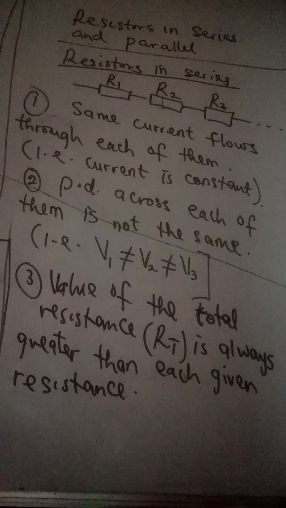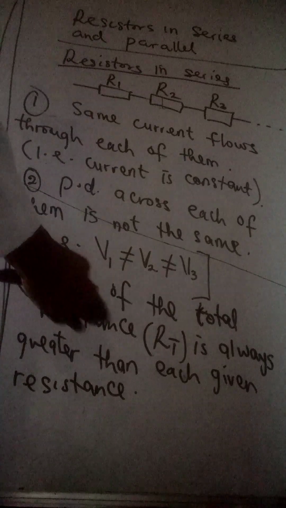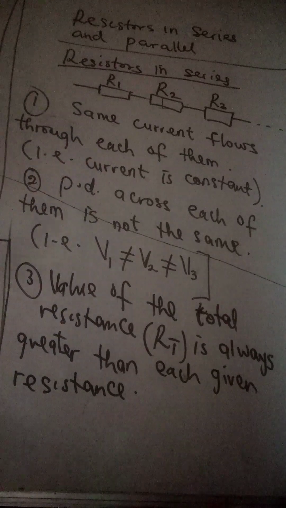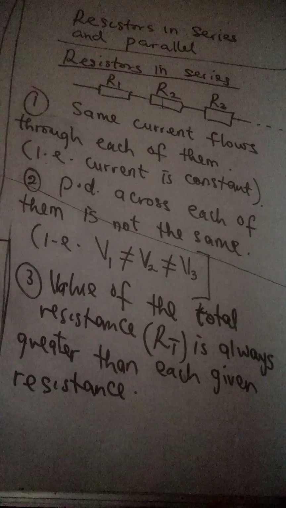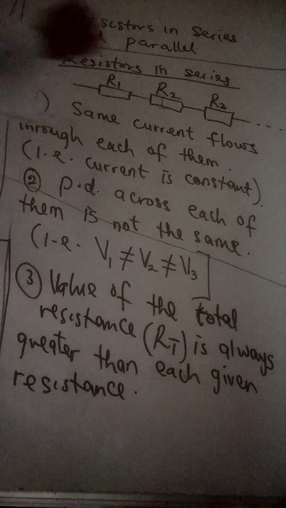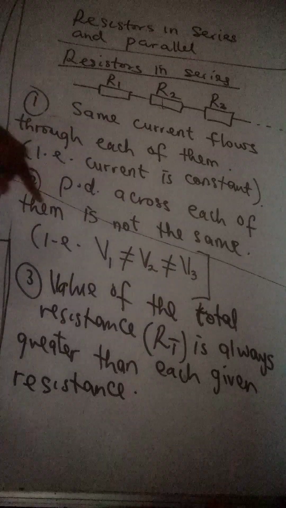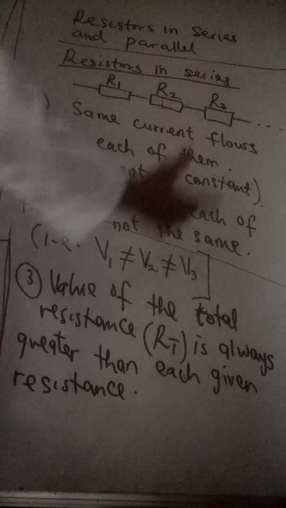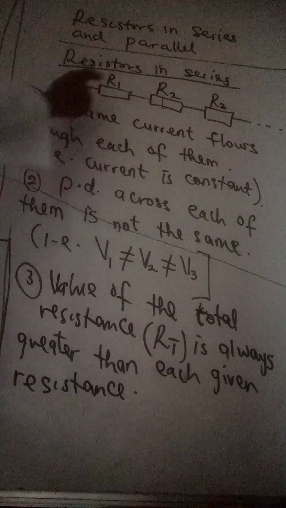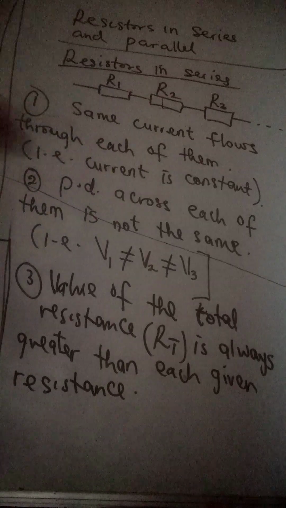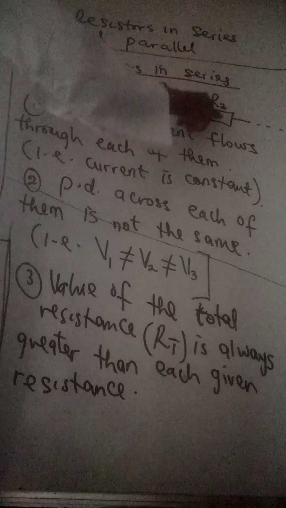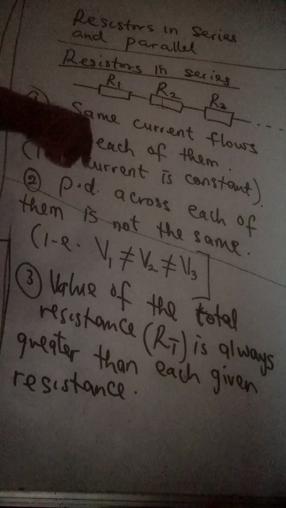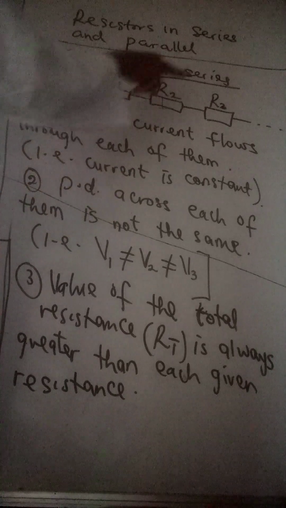So, number 3, value of the total resistance. That means if you want to find the equivalent resistance or the combined resistance, adding all of them together, the result for the total resistance will be greater than each of these. For example, if this one is 3 ohms, this one is 5 ohms, this one is 7 ohms, the total resistance value will be more than each of them.